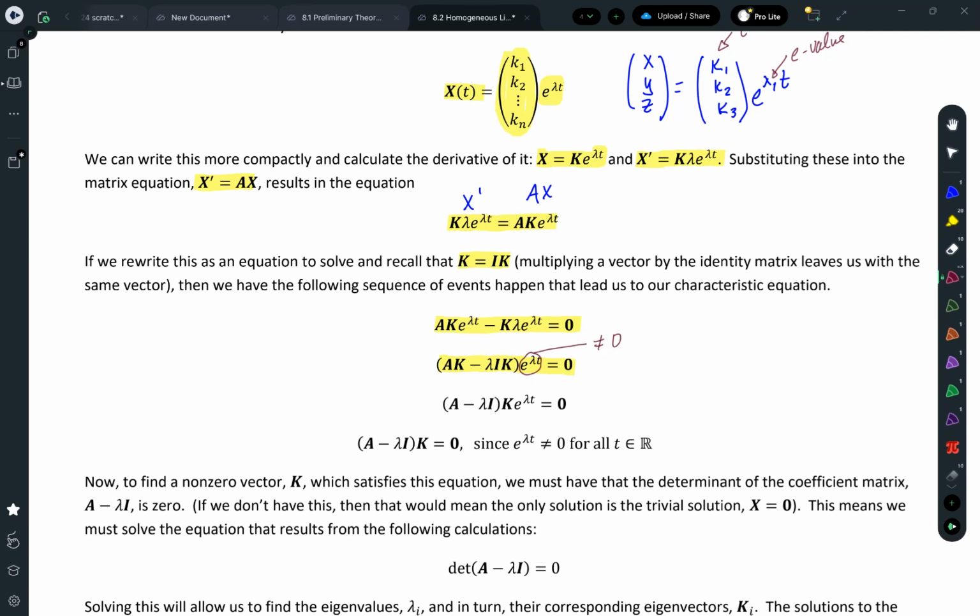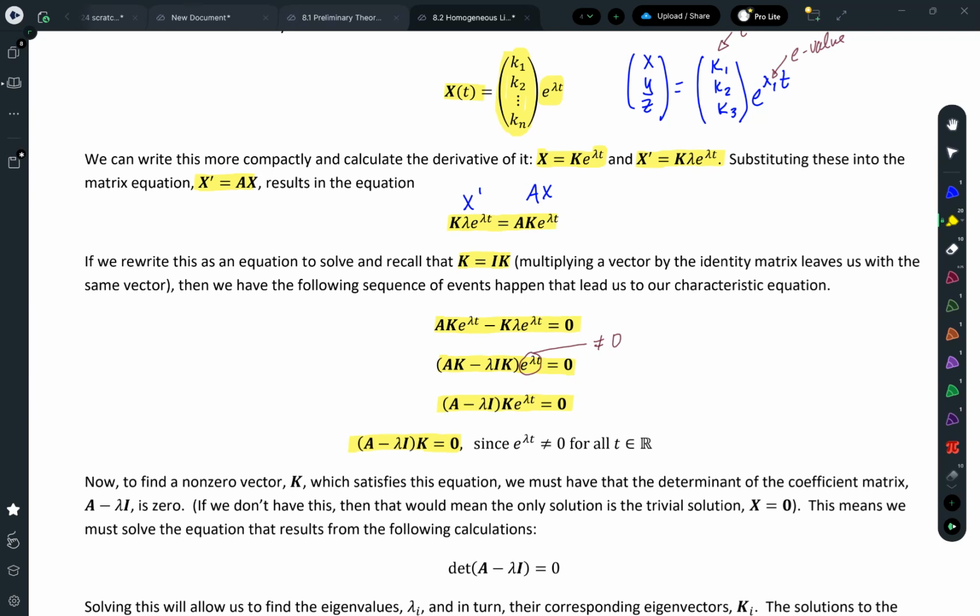But then we notice further that the k can be factored out on the right, not the left. And so we get this final form: A minus lambda I, which is our coefficient matrix, times k, the vector that we're trying to find, times e to the lambda t is equal to 0. This boils down to the simplified form of A minus lambda I times k equals 0, because we know e to the lambda t cannot be 0 for all t in the real numbers.